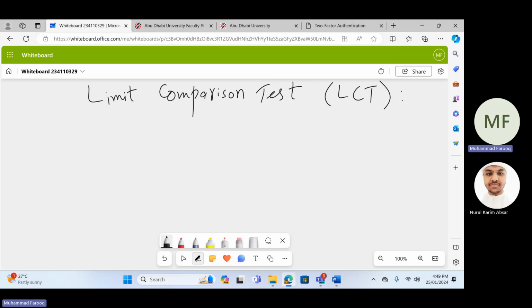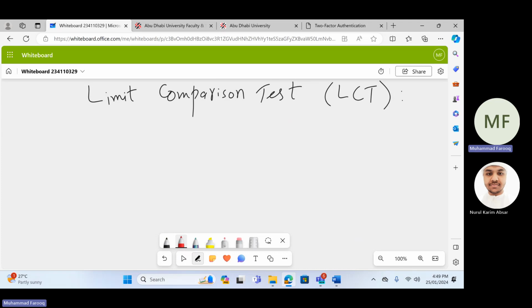Okay, step one means name your function A, B. Step number two, generate the second function. They are the same in LCT, okay? In DCT, step number three, you check big and small. But in LCT, no need to check big and small. LCT has a proper calculation. Please note down this calculation. Step one, you have to name: my question is A and the function which I generated is B. Step number two, you have to decide whether it converges or diverges.